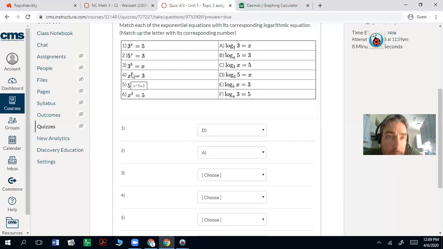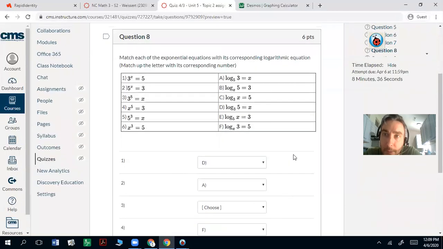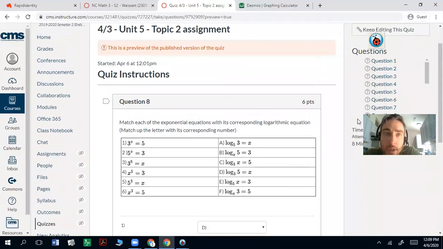X to the 5th power equals 3. So this would be x to the 3rd power equals 5. And this would be x to the 5th power equals 3. So 4 is going to be F. So hopefully you understand kind of the process there. It's just kind of repeated. It's a pattern. That's question number 8.